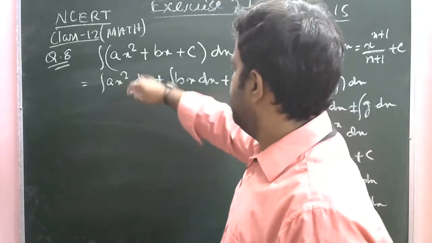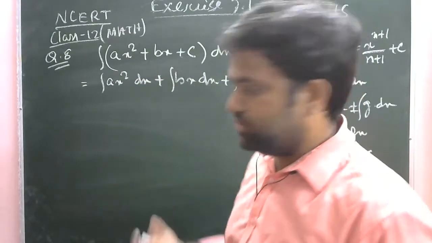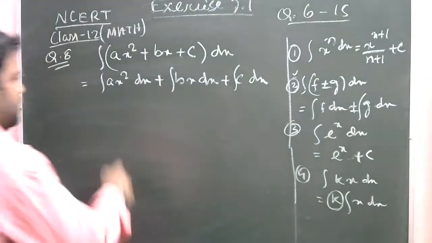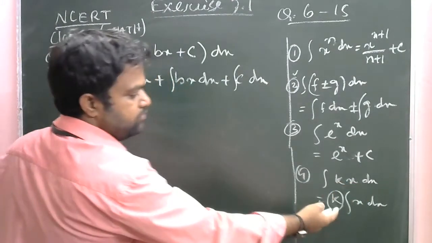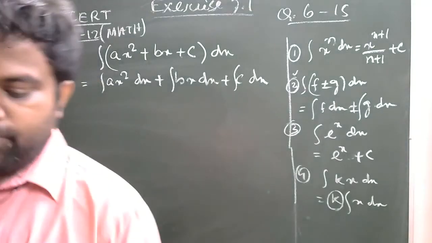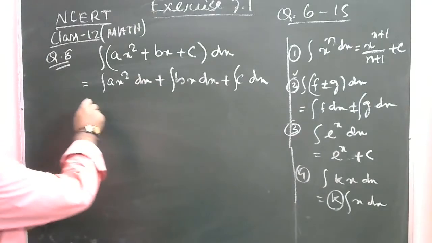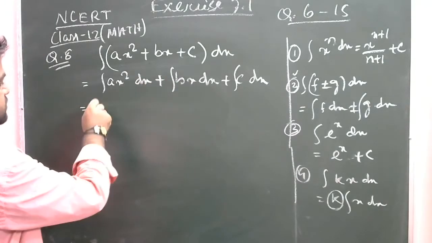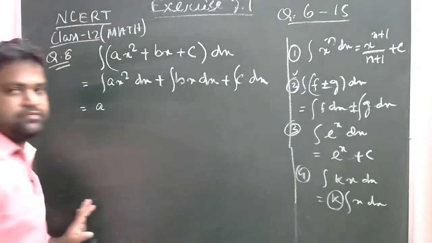We have just written all the terms separately. Now I'll use this formula, kx dx, k will come outside. I have told you if a constant is multiplied in integration, then the constant comes outside. So a, b, c are constants. X square dx, formula number 1 you will use.